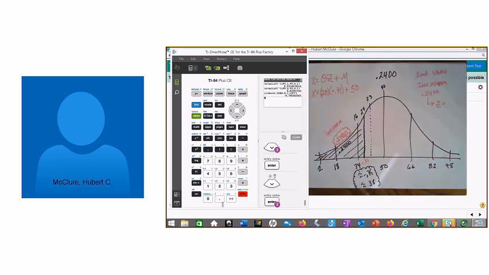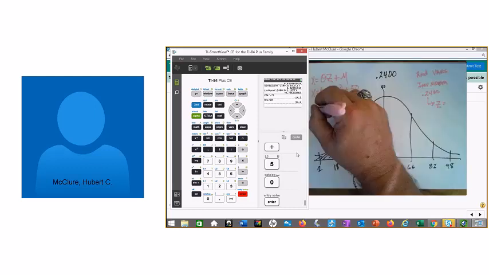So 20 times negative 0.71 plus 50. Now, by my empirical rule, I said it's 38. It came up with 36. So the answer is 36.